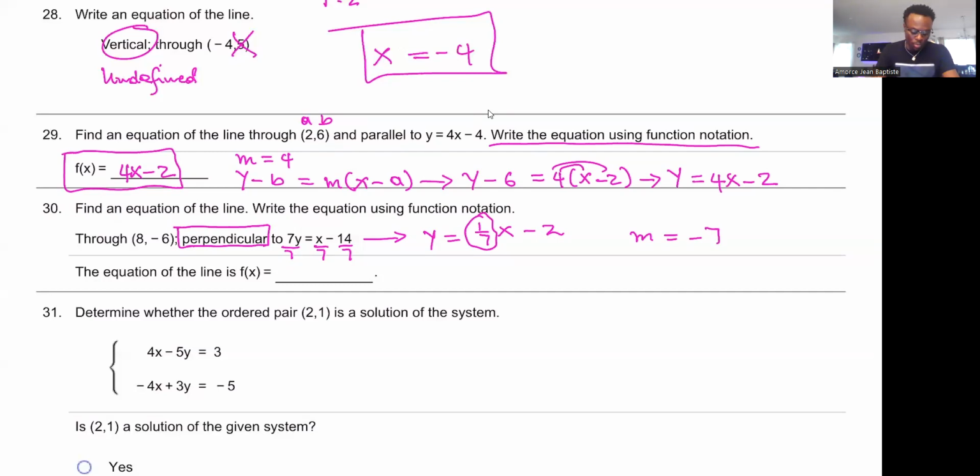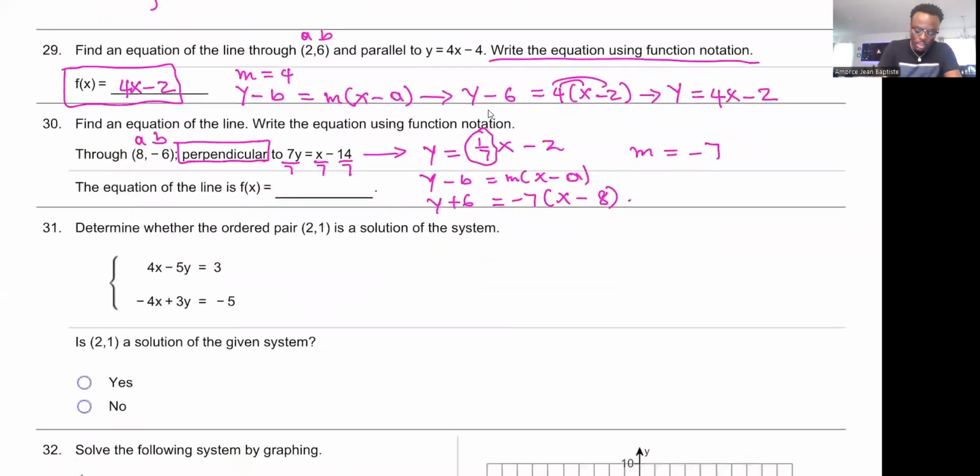And then that's A and B, right? So I'm going to write my equation y minus b equals m times x minus a. So y minus negative 6, plus 6, equals negative 7 times x minus 8.